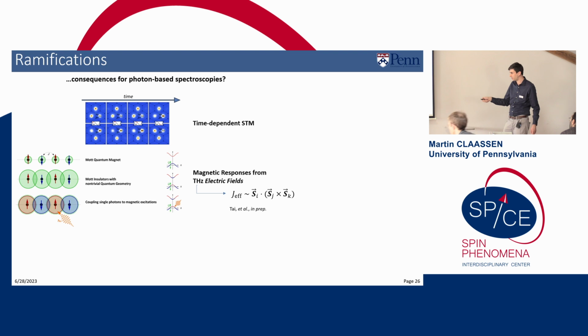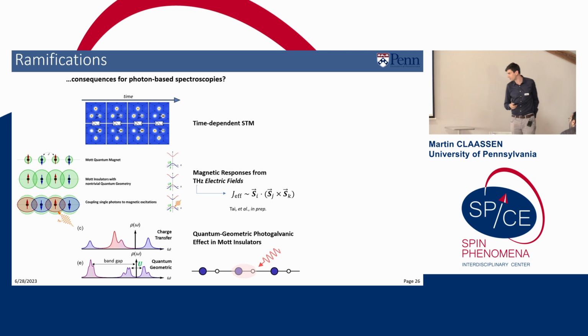In particular, they might be so extended that different local moments have finite overlap with neighboring sites, which, if it now oscillates, gives us an electric field coupling to low-energy magnetic excitations. And similarly, we can think about photogalvanic effects, for instance, just from taking this orbital deformation as moving the charge center of a Wannier orbital and thereby driving a current.